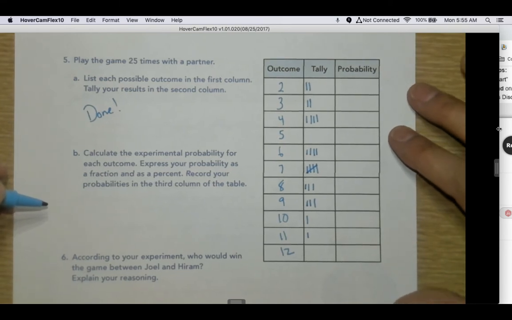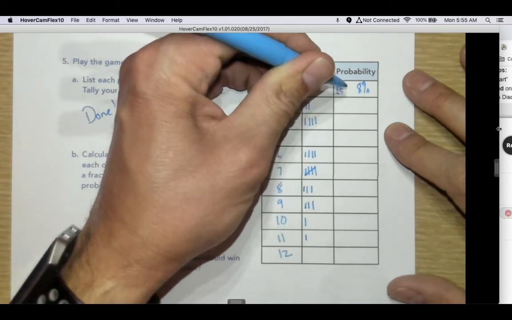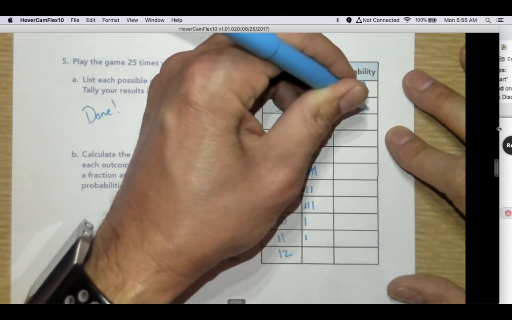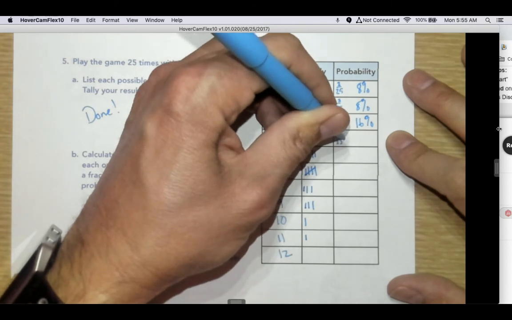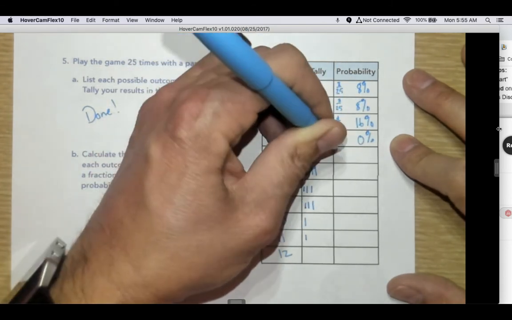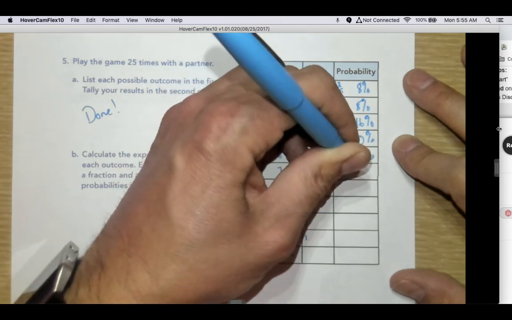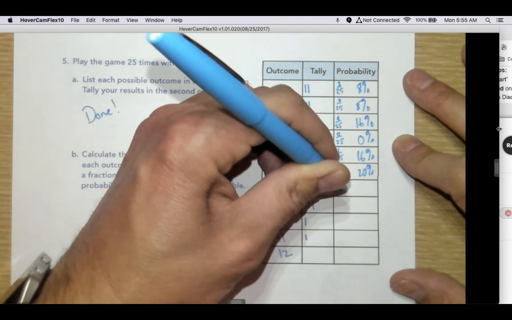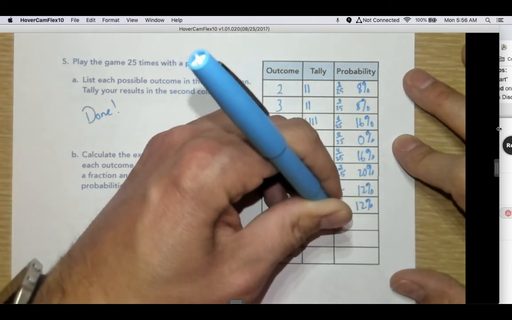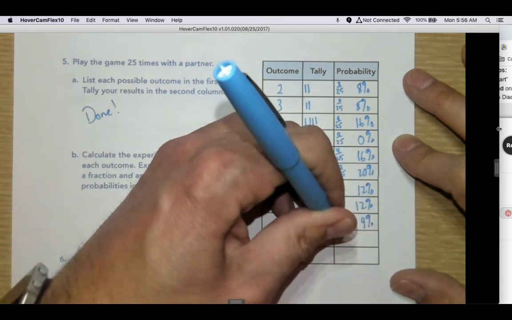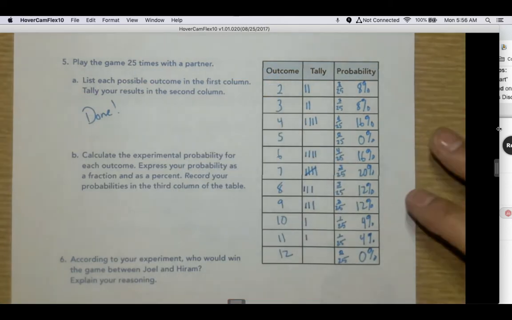Record your probabilities in the third column of the table. 2 out of 25 times 4 is 8%. 2 out of 25 is 8%. 4 out of 25 is 16%. 0 out of 25 is 0%. 4 out of 25 is 16%. 5 out of 25 is 20%. 3 out of 25 is 12%. 3 out of 25 is 12%. 1 out of 25 is 4%. 1 out of 25 is 4%. 0 out of 25 is 0%. Okay, done.